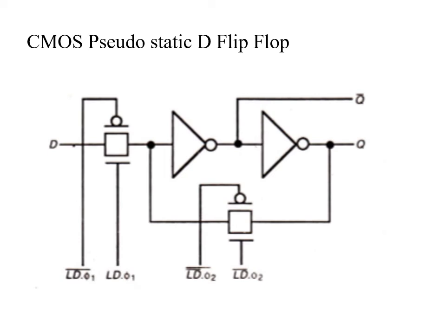Let us see how it works. In order to store the data, the control input load into phi 1 has to be 1. When it is 1, load into phi 1 whole bar is equal to 0, that is, the transmission gate is enabled. In a transmission gate there is an NMOS as well as a PMOS.